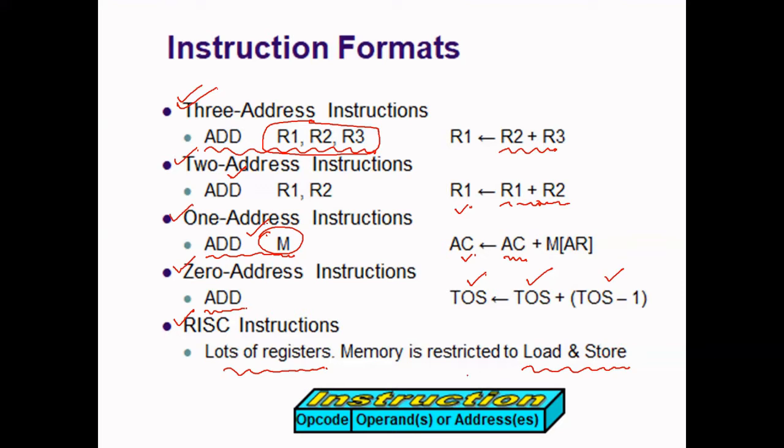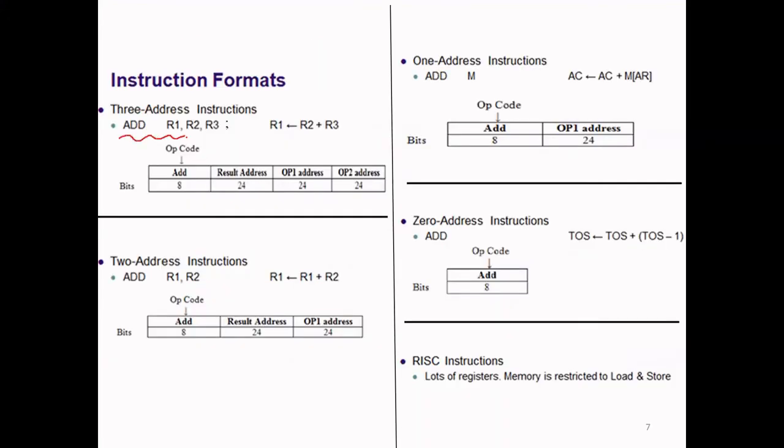Now if you see here, the instruction consists of opcode and then operands or addresses. Let us see the same example, add R1, R2, R3, where R2 plus R3 is added, and then the result is stored in R1. It is a 3 address instruction. How does the instruction look? 8 bits are taken for the opcode for this add.